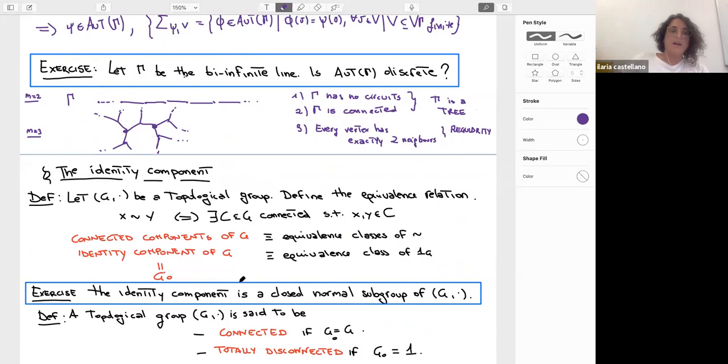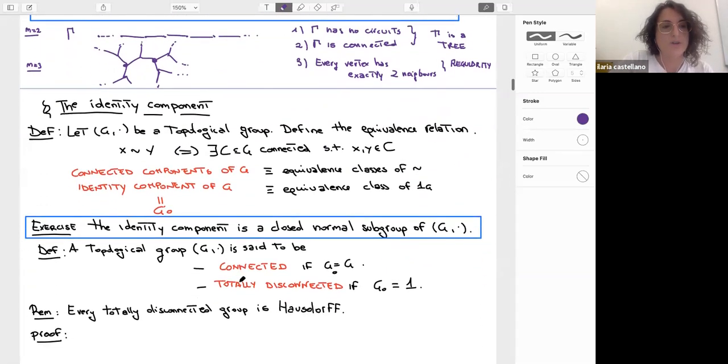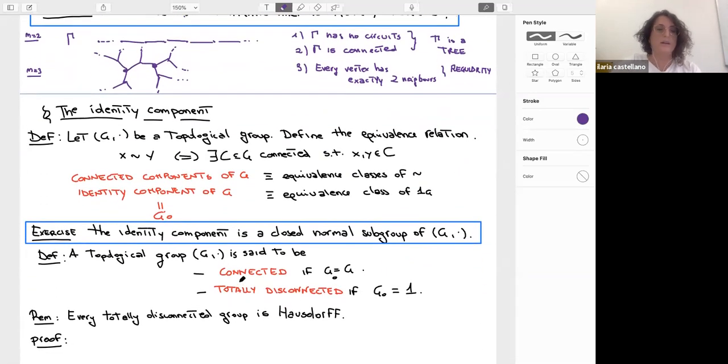In order to talk about total disconnectedness, I need the notion of identity component, at least for topological groups.